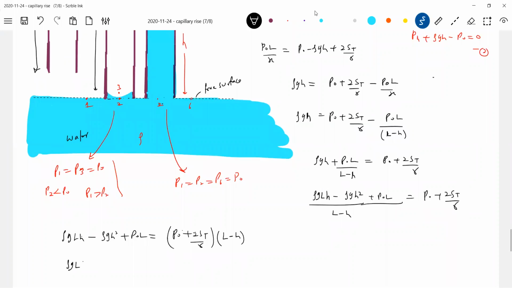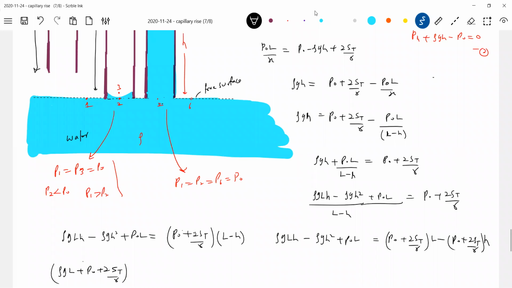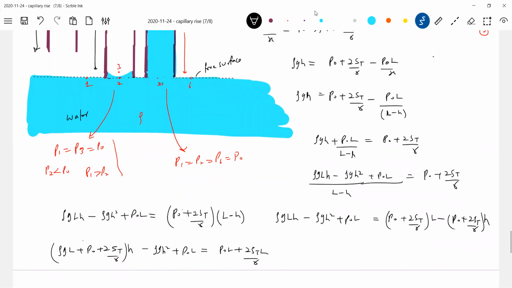So this will be rho G L H minus rho G H square, P naught L, P naught plus 2ST by R into L minus P naught plus 2ST by R into H. P naught L gets cancelled.